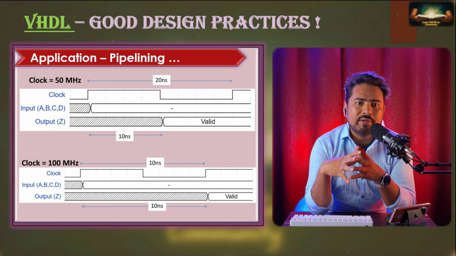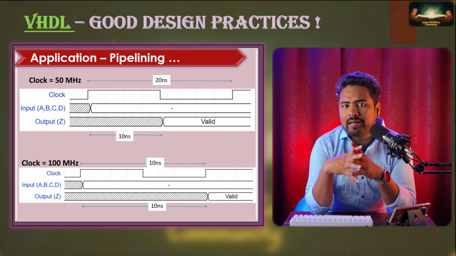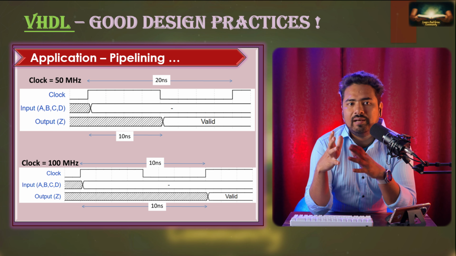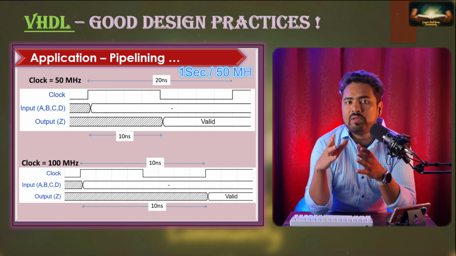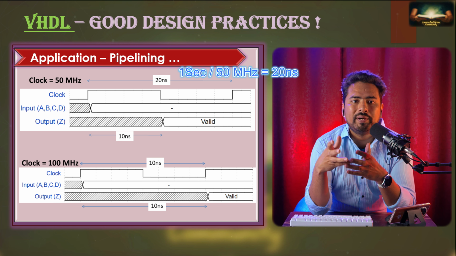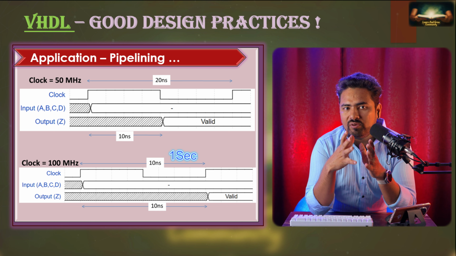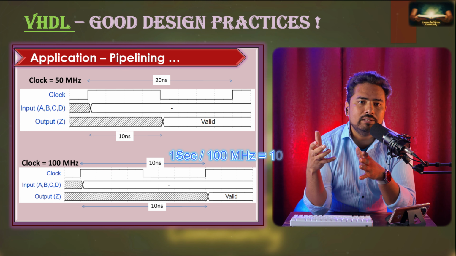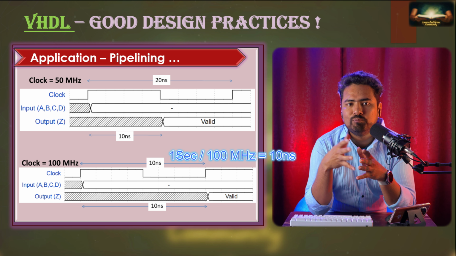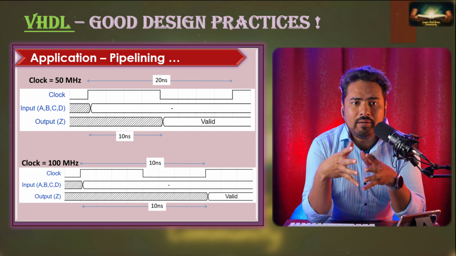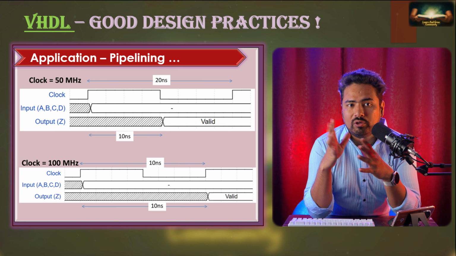Just divide 1 second by your clock frequency and you will get the time for one clock cycle. Like 1 second divided by 50 megahertz is 20 nanoseconds. And the same, 1 second divided by 100 megahertz gives you 10 nanoseconds, right? Now remember, what was our propagation delay for that circuit?